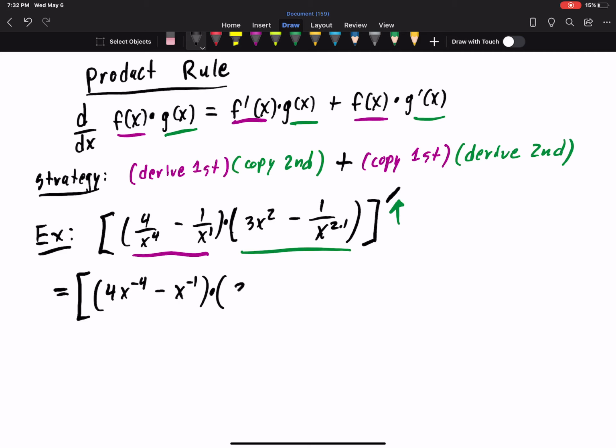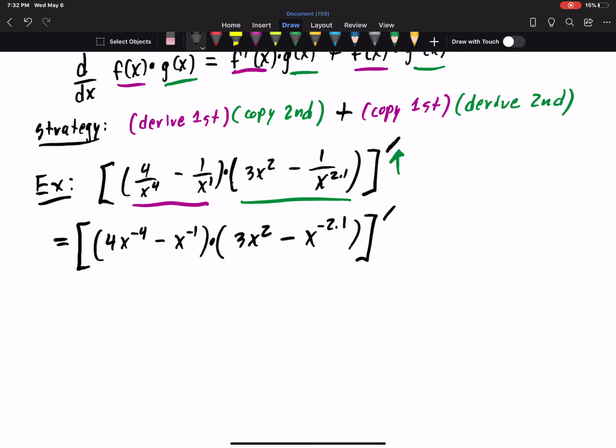So 3x squared, that's already where it needs to be. Then we have x to the minus 2.1 here in the second thing. Then we are going to derive it with that prime. Now everything is where it needs to be. Power rule basically makes this very, very easy. So let's go to town with that.